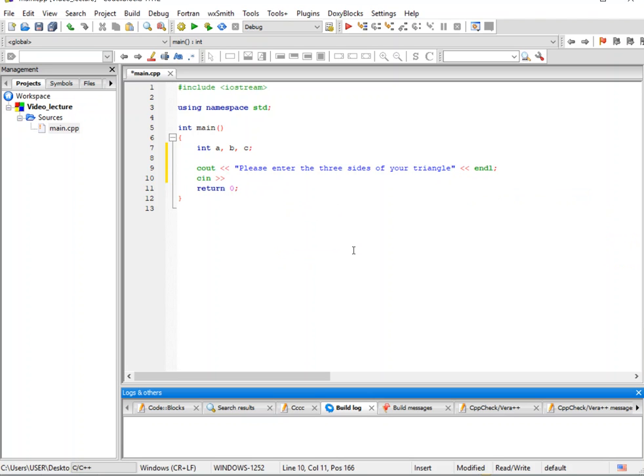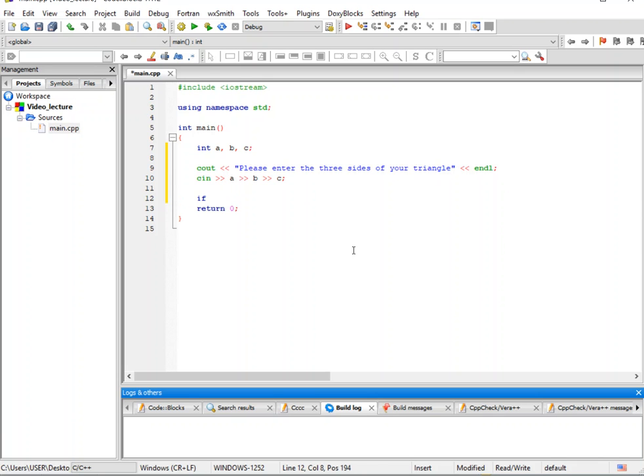So we have our cin, we take A, then B, and then finally C. Now the user input has been taken. One easy way to go is to use our if selection statements.